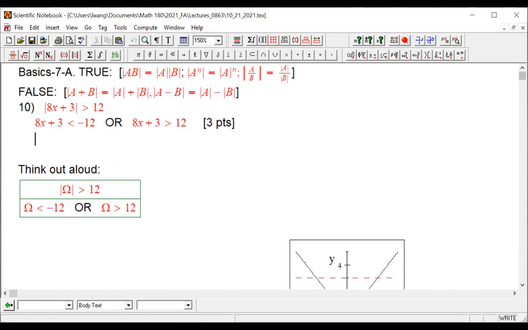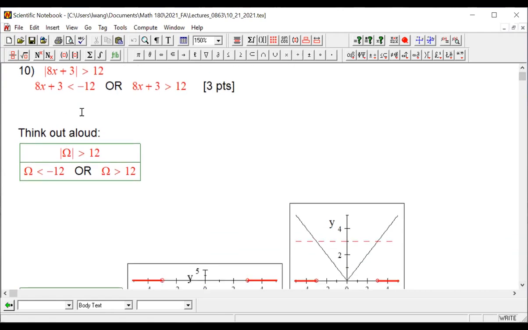But in terms of what you want, whoever's going to give you points wants to see the following steps. 8x less than negative 15 by subtracting 3 on both sides. And this next one is 8x plus 3, I'm sorry, minus 3 on both sides. So that's going to be greater than 9.